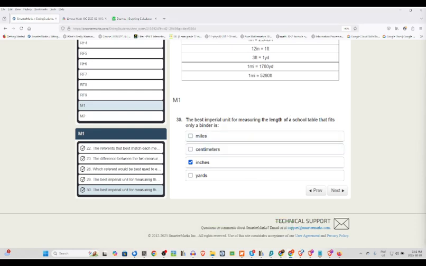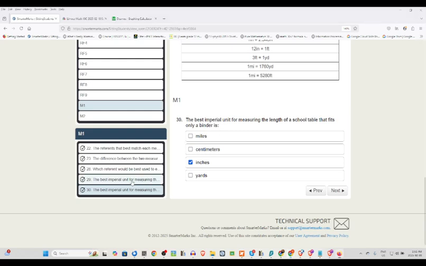All right, now I need to double check something. Just looking at the answer key, one of these is not being marked correctly. And it is in measurement 1. So I am going to go down, try to find the one that disagrees.